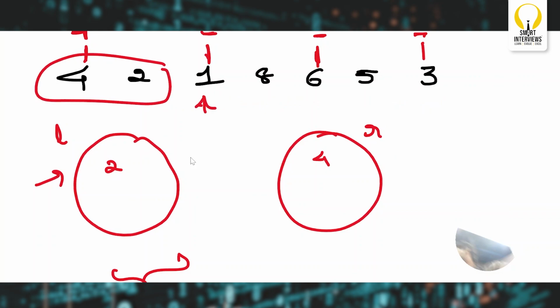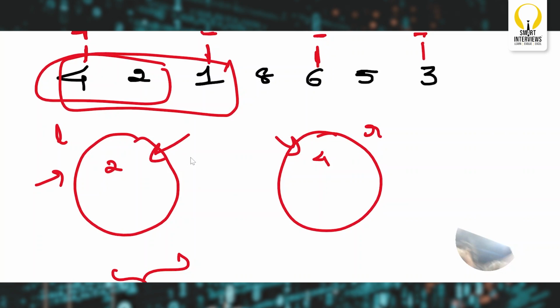Whatever those first half elements are, they'll be in the left half, and whatever the second half elements are, they'll be in the second half. So I just have to separate these two parts. I don't want to sort the array or do any sorting, but somehow I want to separate them, and somehow I want to maintain their sum. Now how do I separate them?